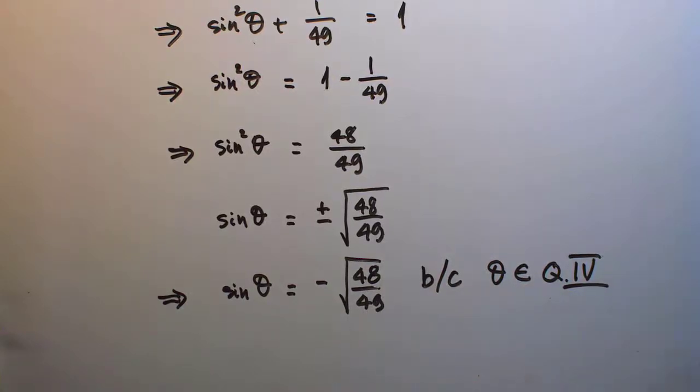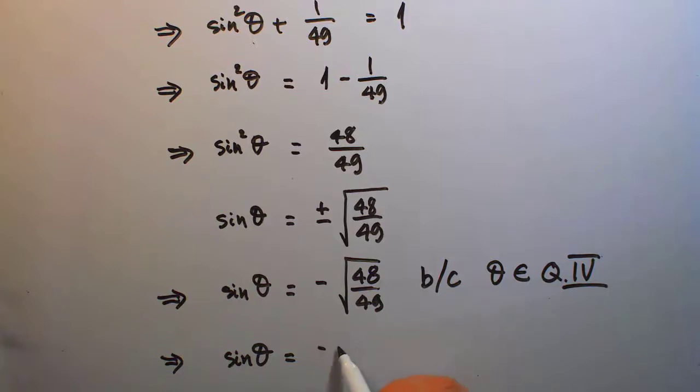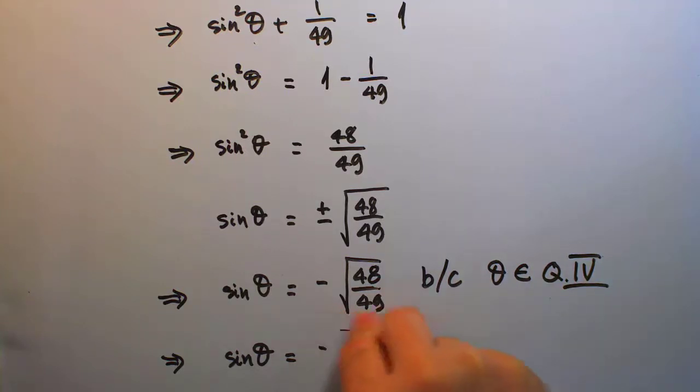And so our last step here is to finalize the answer by reducing that square root expression. My final answer is going to be sine of theta equals negative square root of 48 over 7.